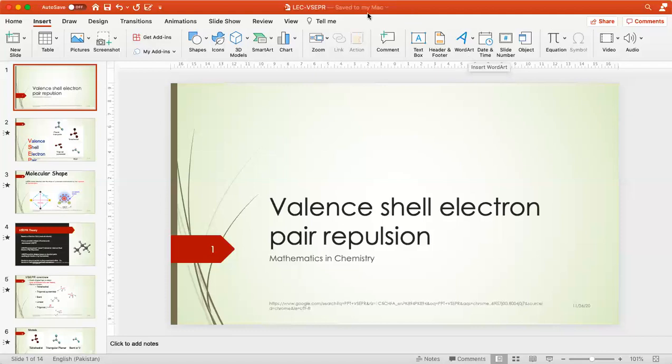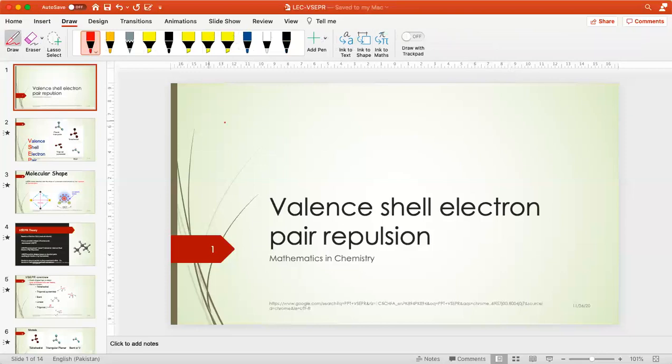If you remember, I told you in the class that, for example, if this is the nitrogen, these are the two electrons of nitrogen, one pair, and three unpaired electrons. The impact of this electron pair on these will define the shapes.